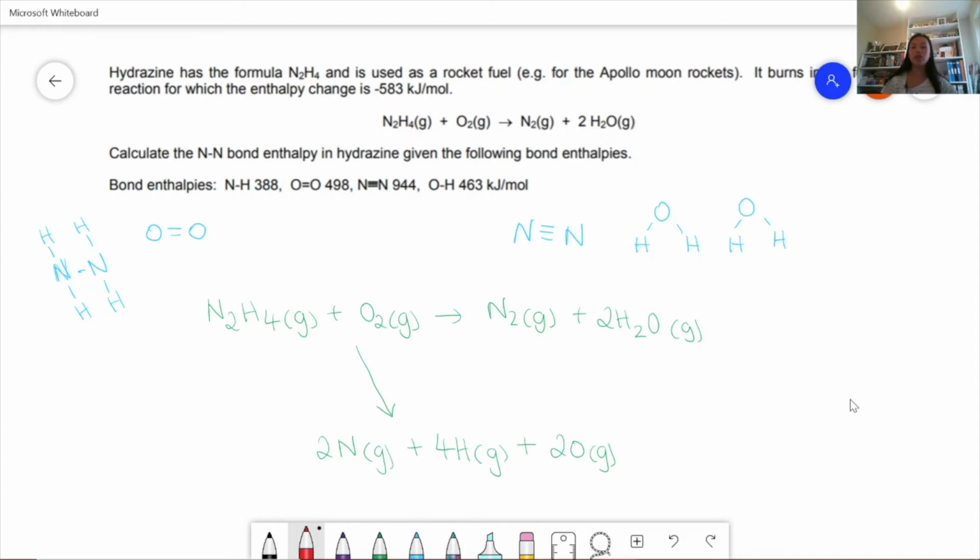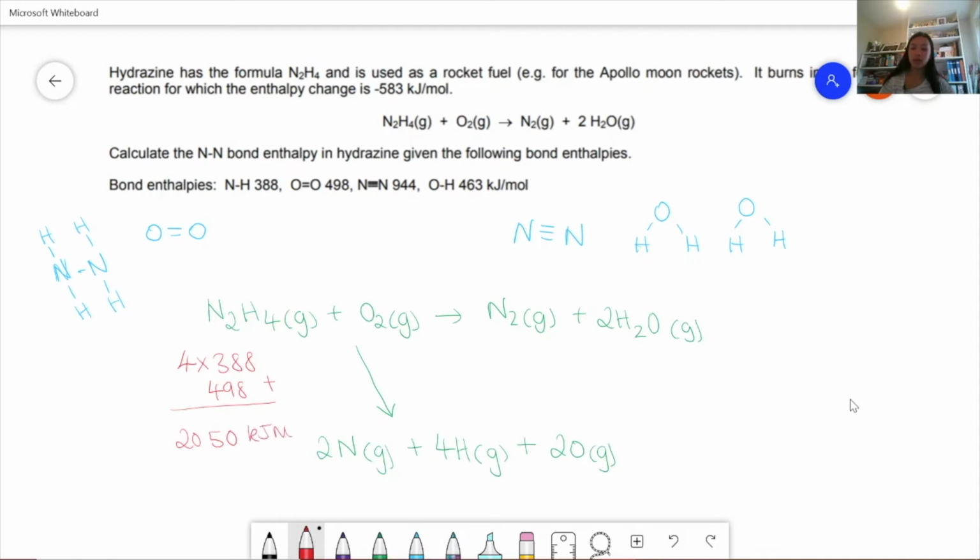We have 1, 2, 3, 4, so 4 times 388. Then we have 1 oxygen double bond, so 498. That gives a total of 2050 kilojoules per mole.